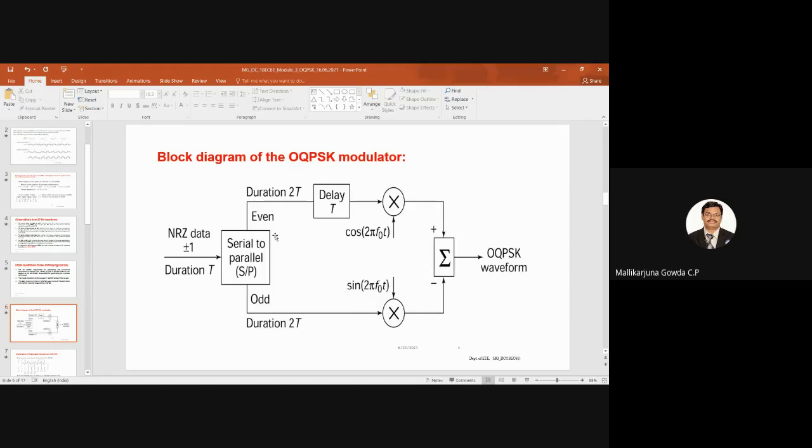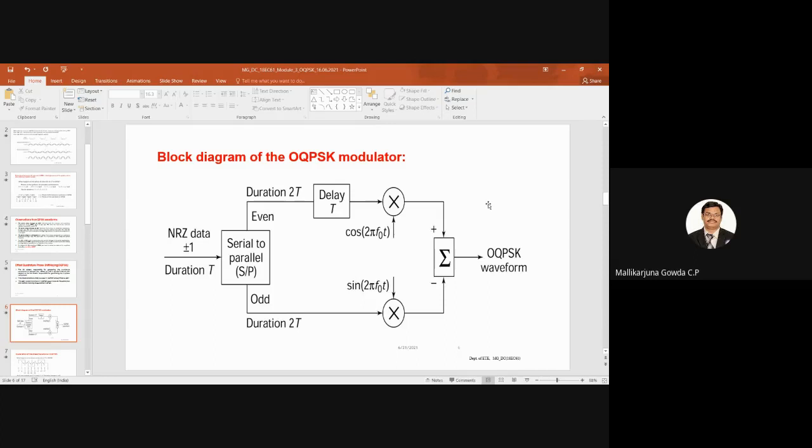Compared to what I taught about QPSK, the even and odd bit sequences are multiplied by the basis functions, cos and sine. The only additional element added to OQPSK with respect to QPSK is a delay block in one of the paths, that is either the in phase or quadrature path.